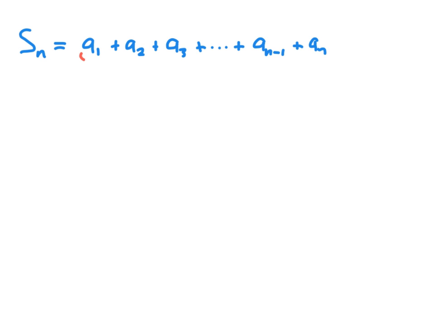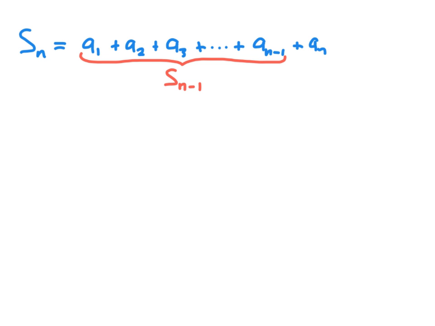Now what we will observe is that if we exclude the very last term and we just look at a1 up through a sub n minus 1 added together, this is s sub n minus 1. It's the n minus first partial sum.